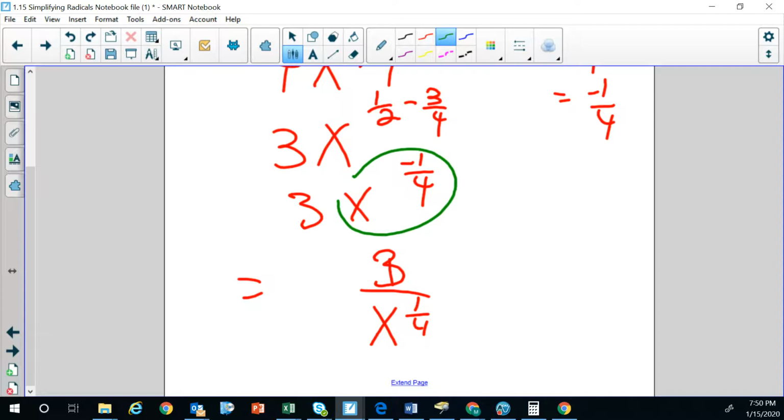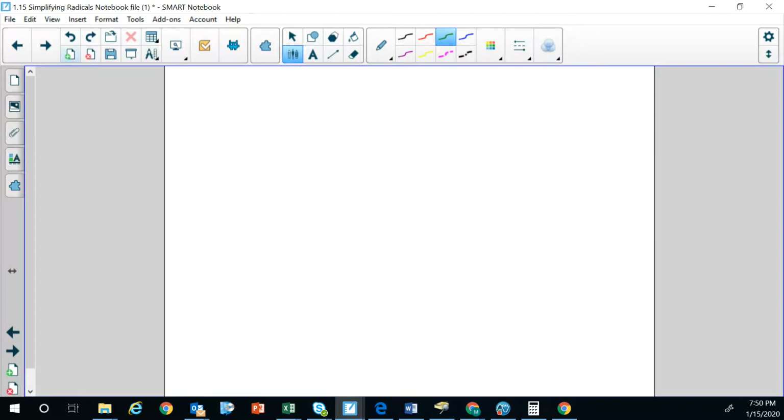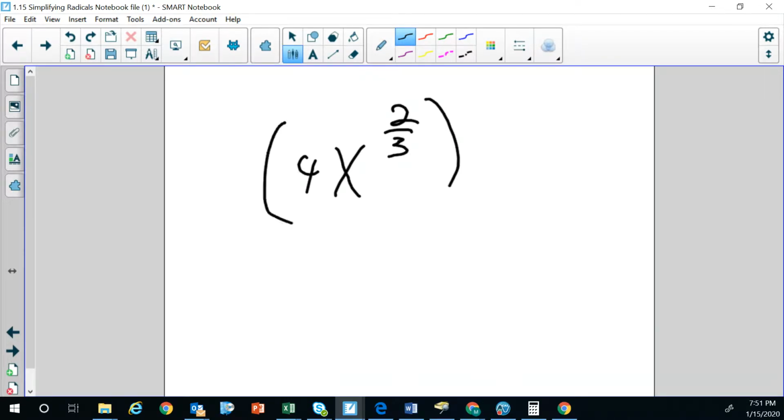What if we had, let's look at one where we're going to raise the exponent to a power. Let's go with 4x to the 2/3 raised to a power of, I don't know, let's go with 6.